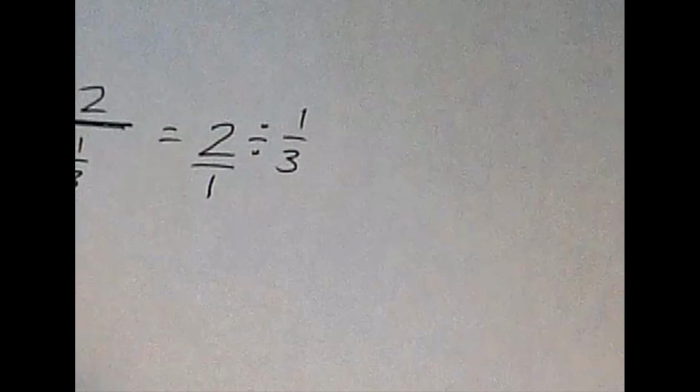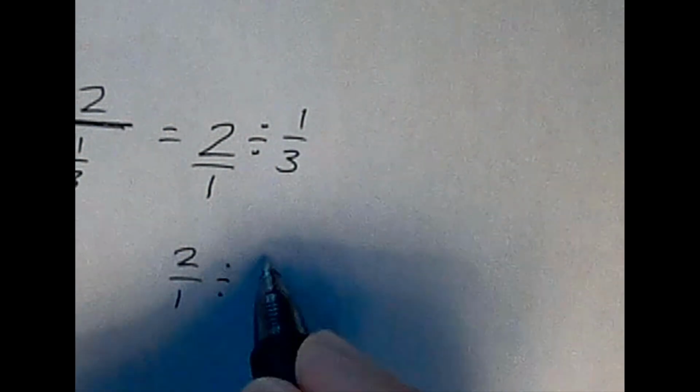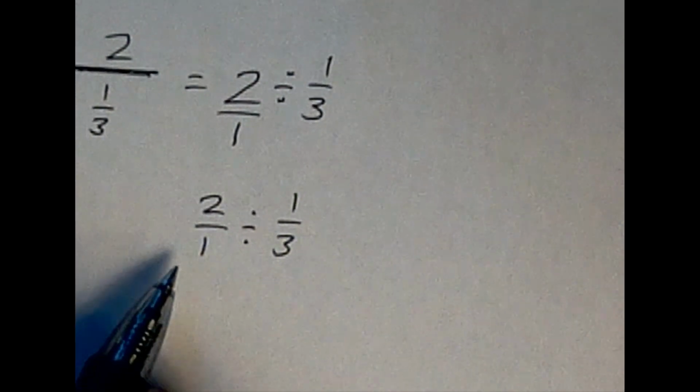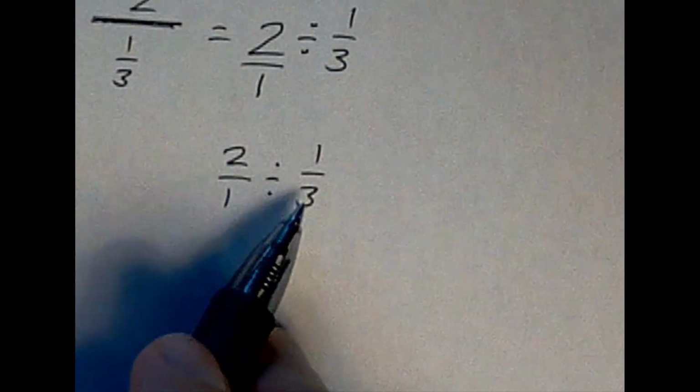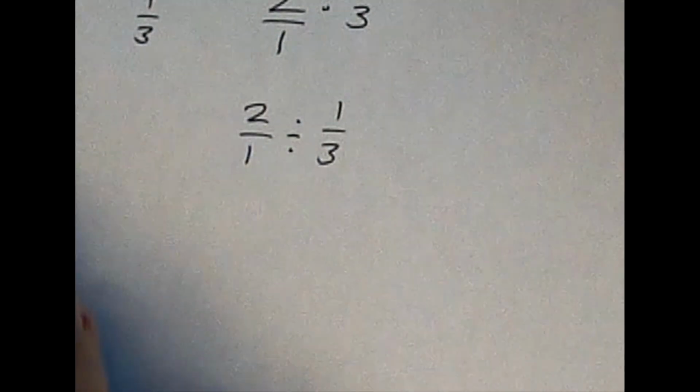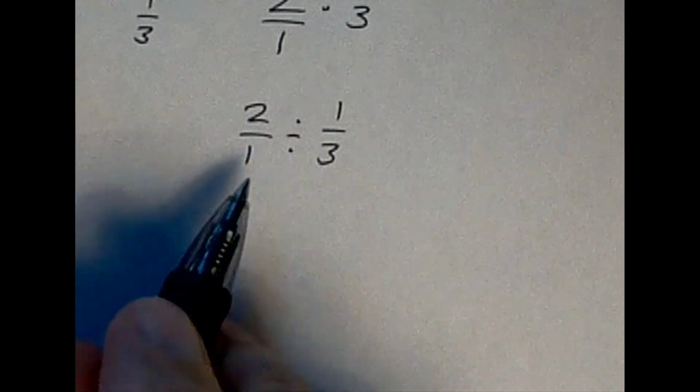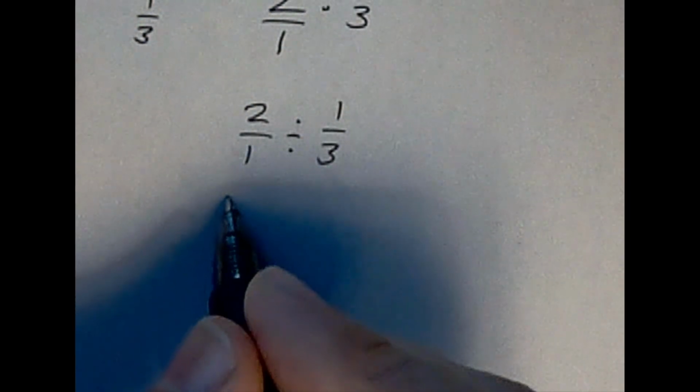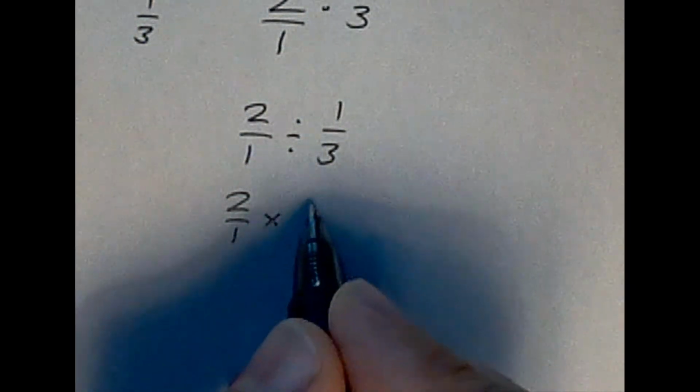You just have to make both of them fractions. So then we have 2 over 1 divided by 1 over 3. And we know that to divide by a fraction, you multiply by its reciprocal, right? Back in 6th grade, you called this keep, change, flip, but we're going to use mathematical language. So we're multiplying by the reciprocal.